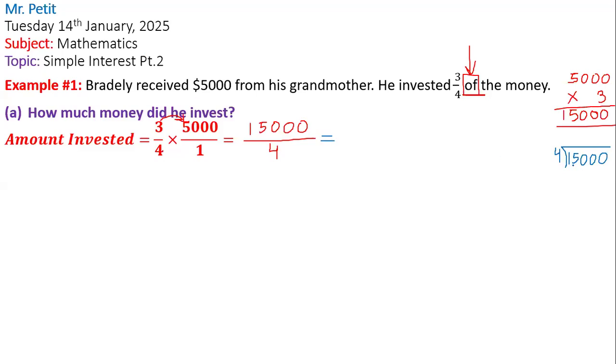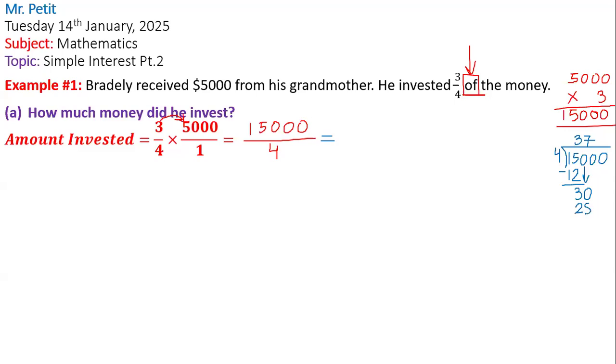How many times does 4 go into 15, Noah? 3. 4 times 3 is what? 12. Yes, very good. 15 minus 12 is 3. Bring down the 0. How many times does 4 go into 30? 7, 28.